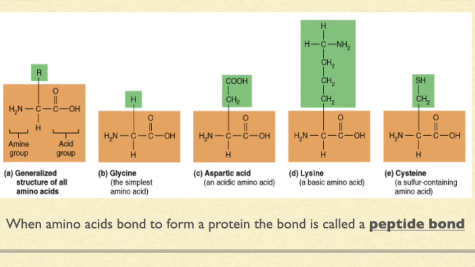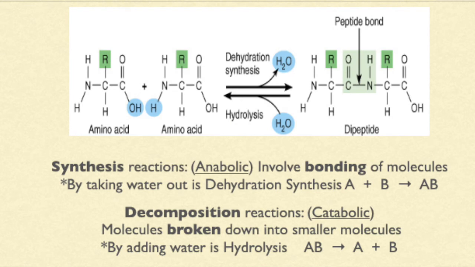It's a peptide bond. Now, if we look at the structure of each amino acid, and as those amino acids bond together, this is called synthesis, coming together, and we're going to give off water through that process: dehydration synthesis. If we break apart the protein into two amino acids, then it would be called hydrolysis.